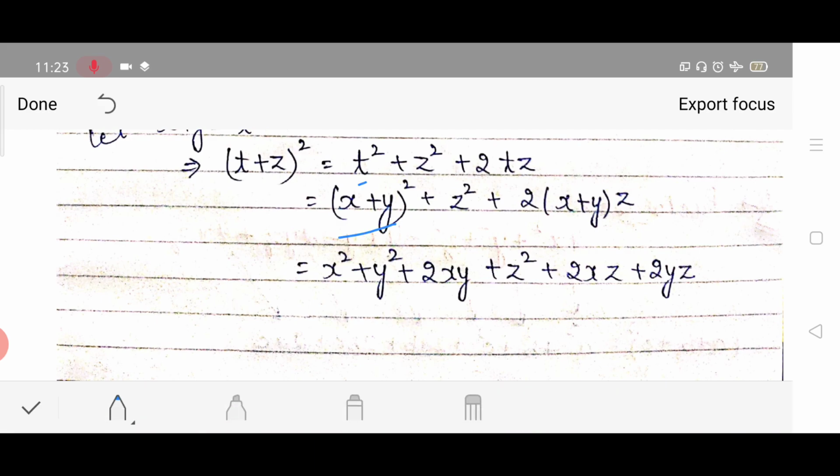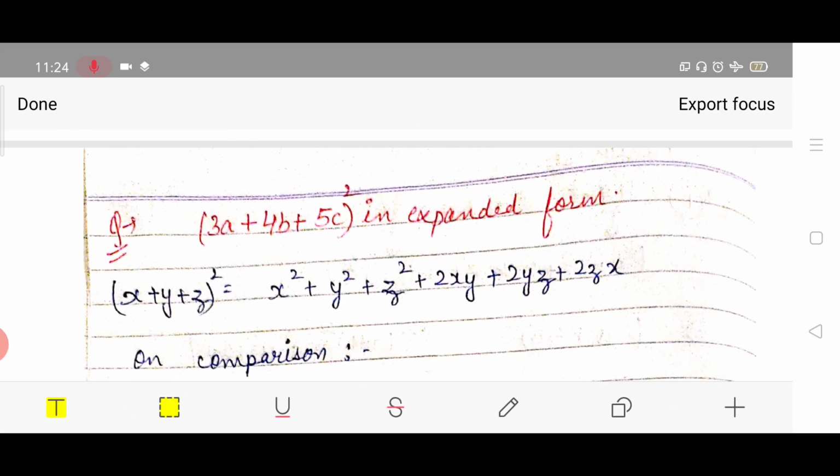So what will you get? (x + y) whole square, because t was under the whole square, plus z square plus 2tz. Putting the value of t as x plus y, again this is (x + y) whole square, which becomes x square plus y square plus 2xy. And again 2tz, multiplying it out, this comes. Now after solving this, you will get the same answer that was our identity.